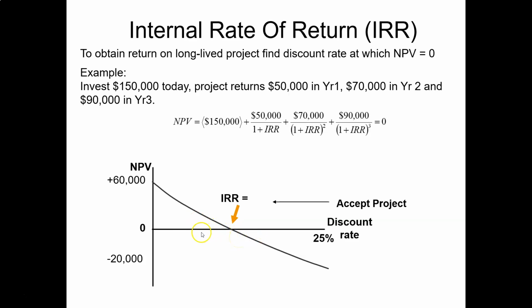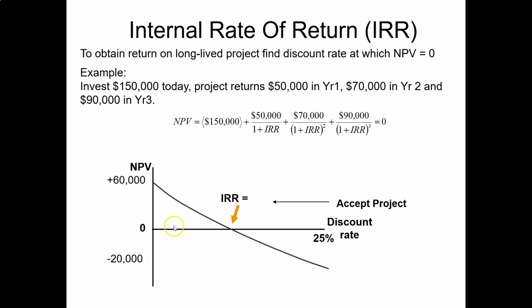So now if the actual discount rate is 8%, lower than the internal rate of return, then the net present value, given 8% as the discount rate, will be positive. If the discount rate is 25%, and we calculate the net present value at 25%, you will find the net present value of this investment project to be negative.